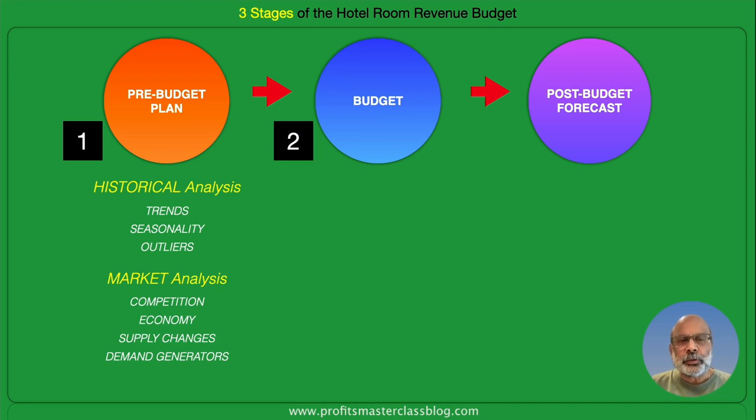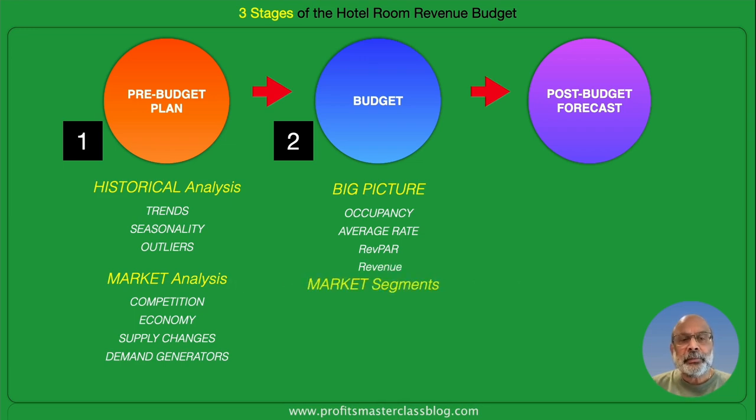Stage 2, which is the budgeting process itself, takes a big picture overview, which consists of occupancy and average rate. If you take these 2 important contributories to room revenue, you can unearth a third powerful KPI called revenue per available room, most commonly known as RevPAR, and then of course the revenue itself.